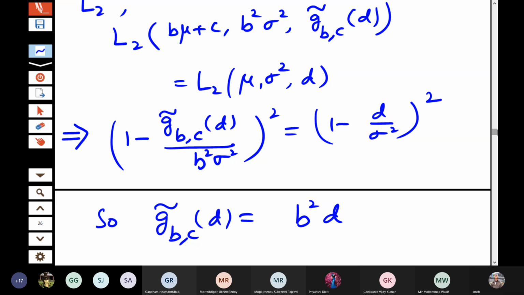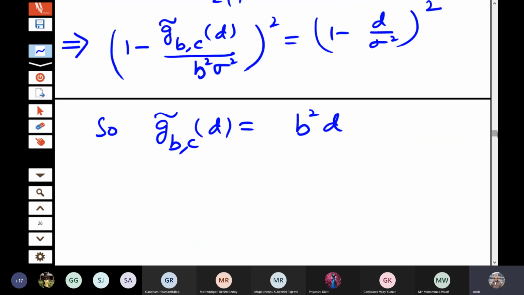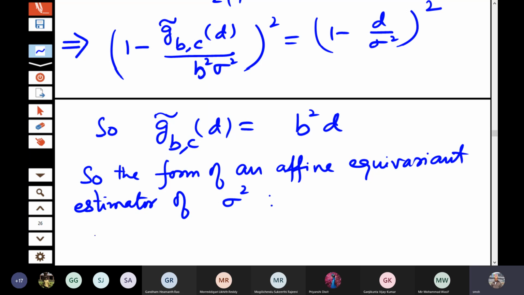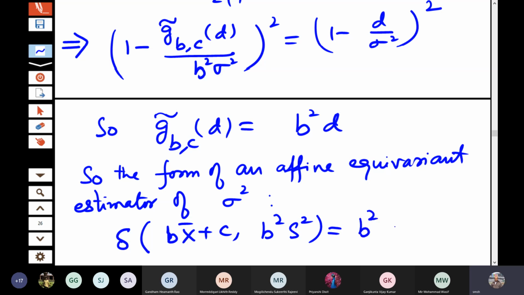Is that okay? So the form of an affine equivariant estimator of sigma square, we should have delta of b x bar plus c, b square s square, that is equal to b square delta of x bar, s square.